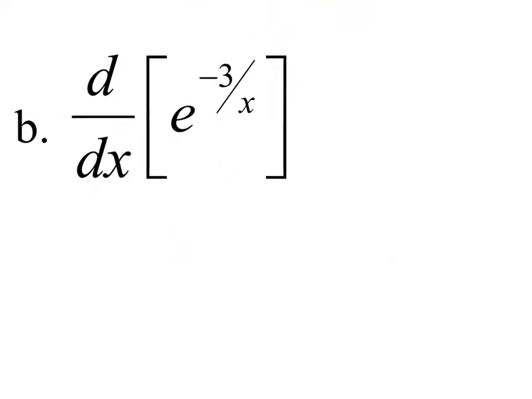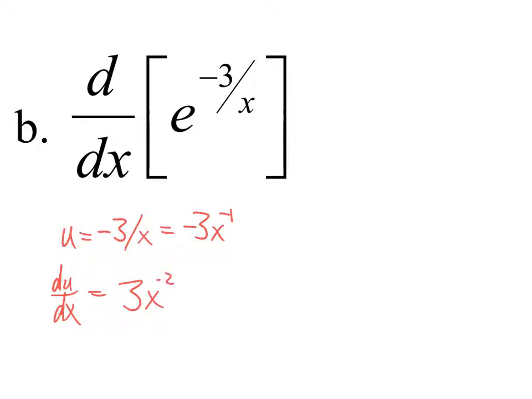Let's look at an example of another one here. Here we have e to the negative 3 over x. So u is negative 3 over x, or negative 3x to the negative 1. So what is du dx here? 3x to the negative 2, or 3 over x squared.